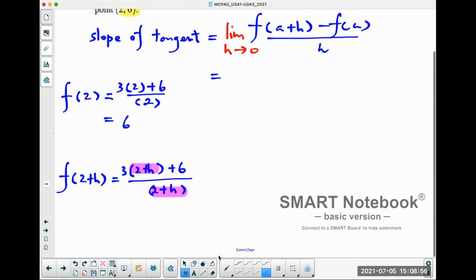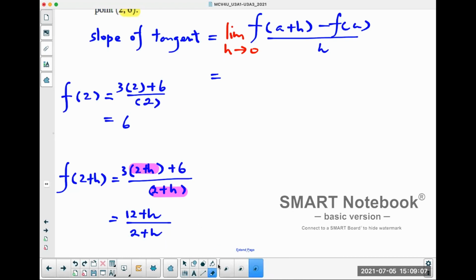So this one's going to be a little trickier because you're going to get 12 plus h over 2 plus h, right? 12 plus 3h. You see, when I try to rush a little bit, I make mistakes too. So you've got to be careful. Okay, distributive law: 6, 3h, 6 and 6, 12. 12 plus 3h over 2 plus h.